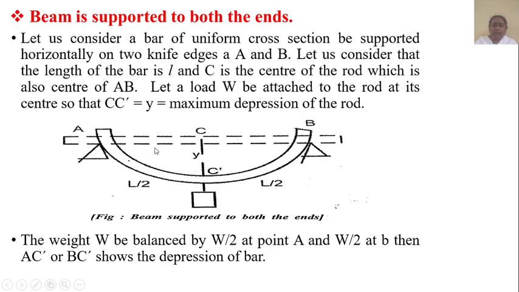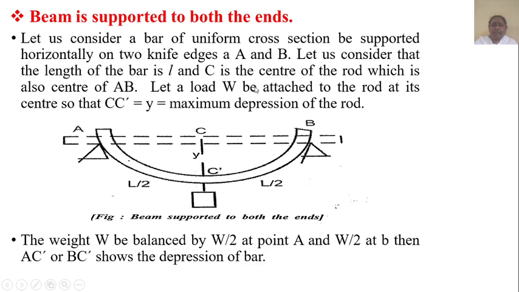See here, this bar has at the center a point C dash, the center of this bar AB. A weight W is loaded at the center.